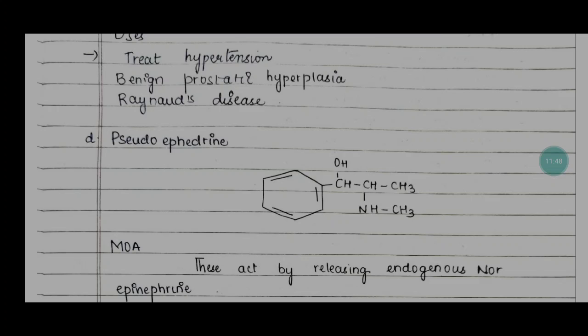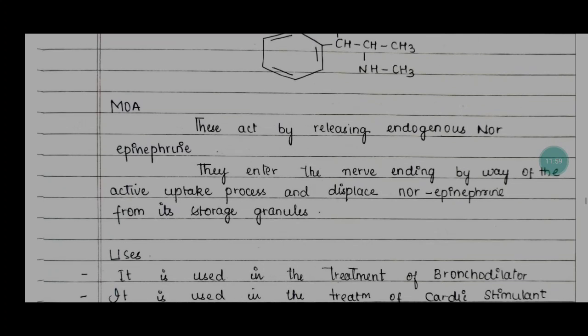And D, that is pseudoephedrine, and the structure and mechanism of action for pseudoephedrine: these act by releasing the endogenous norepinephrine, so they enter the nerve ending by way of an active uptake process and displace norepinephrine from its storage granules.